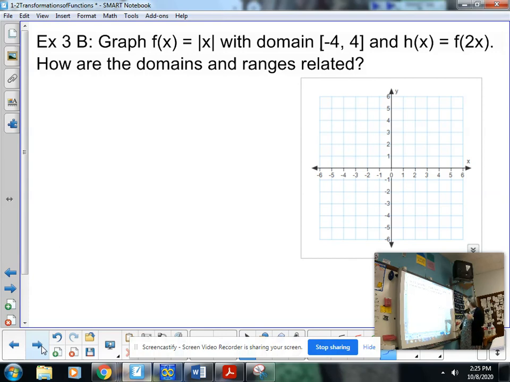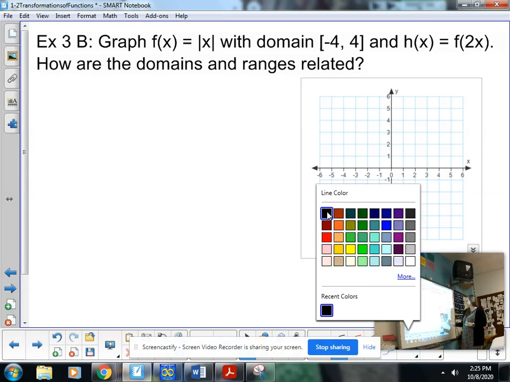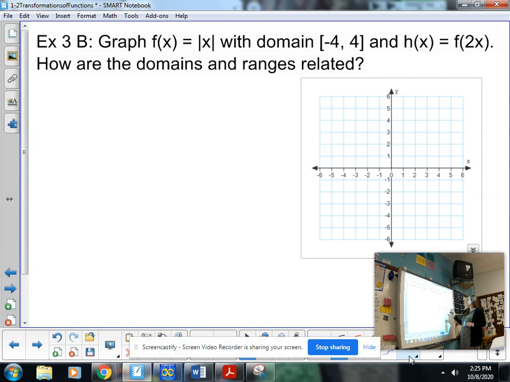We're going to graph the same parent function. So I'm going to use those same starting points: (-4, 4), (-2, 2), (0, 0), (2, 2), (4, 4). So there's my parent function, and I am going to label this f. In the previous one, I don't think I actually went through and labeled that.